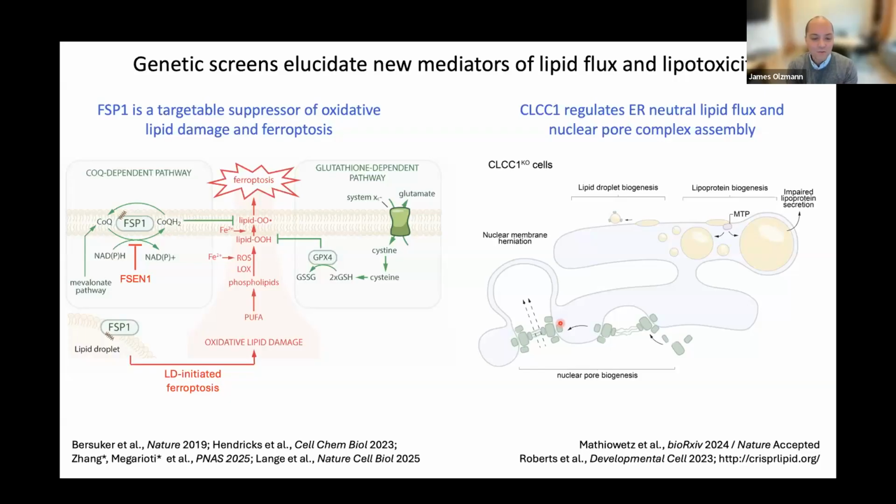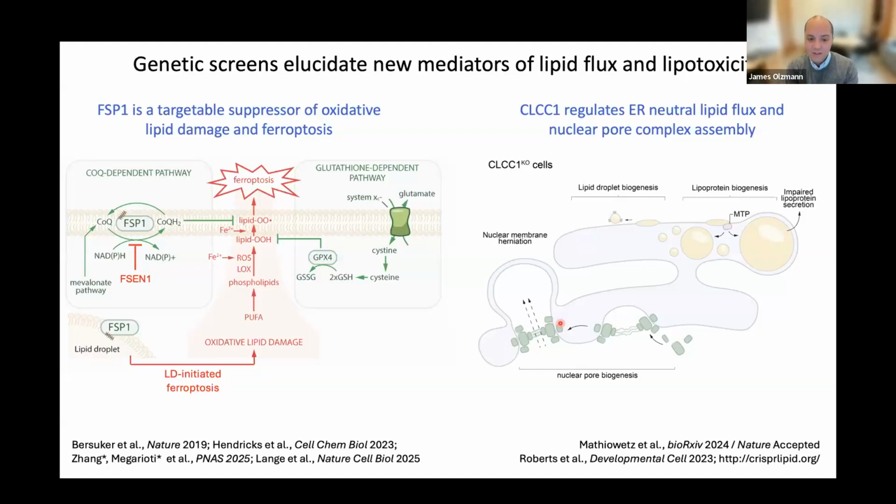Yeah, I can imagine that we'd probably run into both of those issues. Certainly the delivery can be challenging for CoQ, and there have been some interesting papers on delivering CoQ precursors, at least for some genetic diseases associated with that pathway. FSP1 in certain cells certainly can be limiting. Cancer cells have differential expression, and one of the first findings that hinted towards an effect in ferroptosis was a strong correlation in expression.